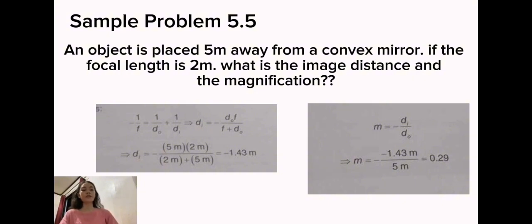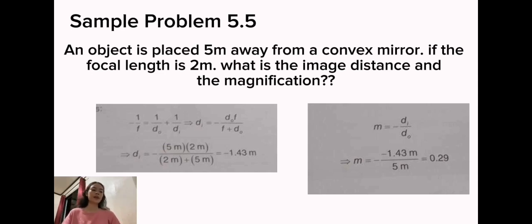Since our topic is the convex mirror, our focal length is negative, since the focal length is located at the other side of the mirror. In the equation, negative 1 over f equals 1 over d sub O plus 1 over d sub I. d sub O is the distance between the object and the mirror, and d sub I is the distance between the image and the mirror.